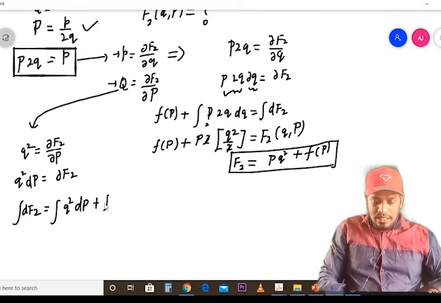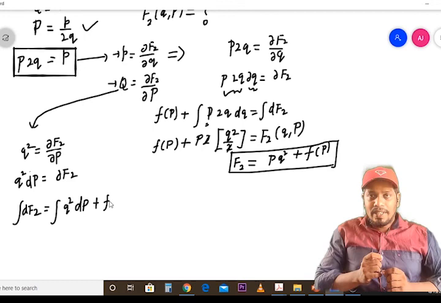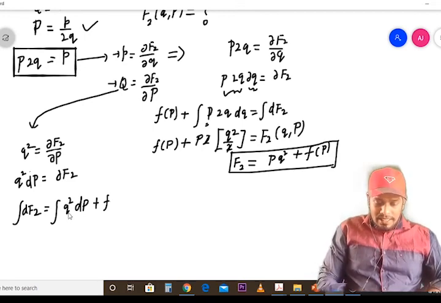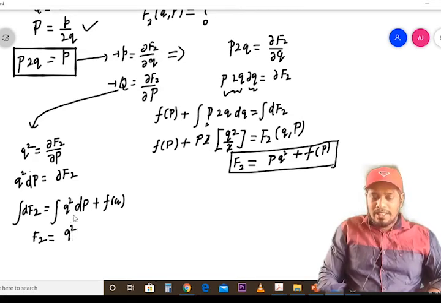That constant depends on the independent variable of this integration, that is small q. Now if you are integrating, F2 is equal to q² times the integral over dP, which gives capital P, plus the integration constant, which is a function of small q.